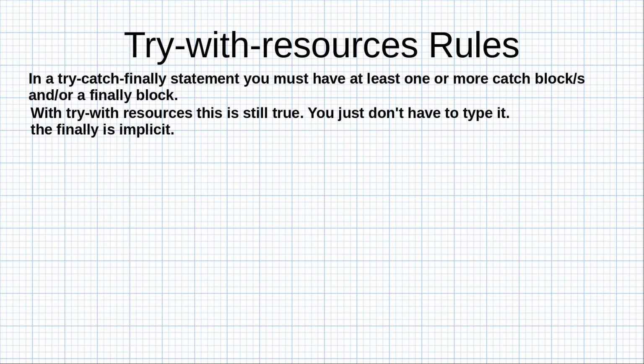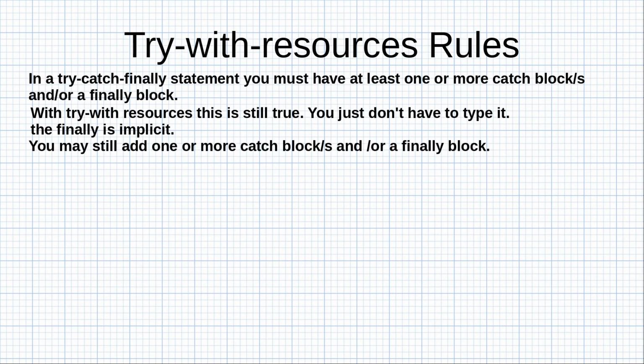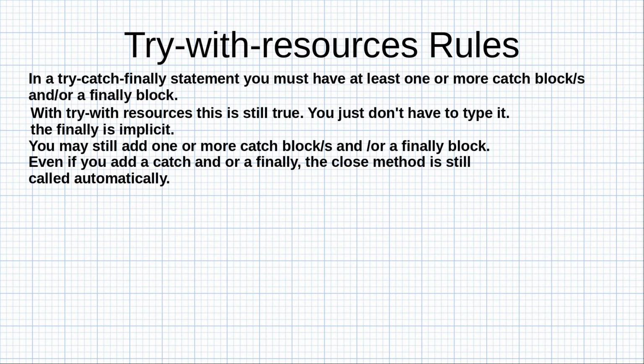With a try with resources, this is still true. You just don't have to type it. The finally is implicit. You may still add one or more catch blocks and or a finally block. Even if you add a catch or finally, the close method is still called automatically.